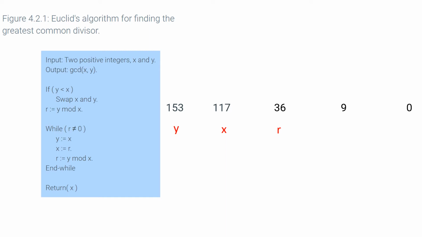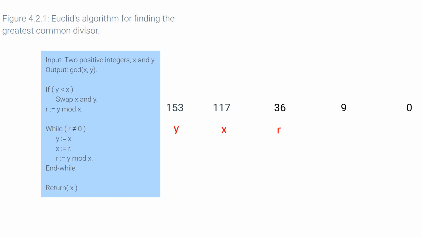First of all, remember we said that we should put the largest one first along this line. So this says if y is less than x, swap them, because they're always going to consider the one to the left to be the y, the one to the right to be the x.